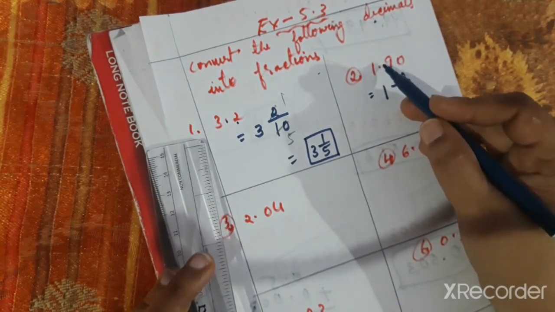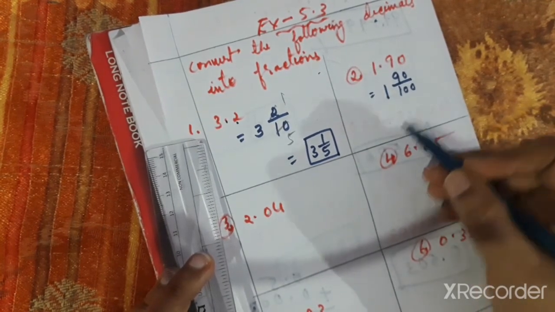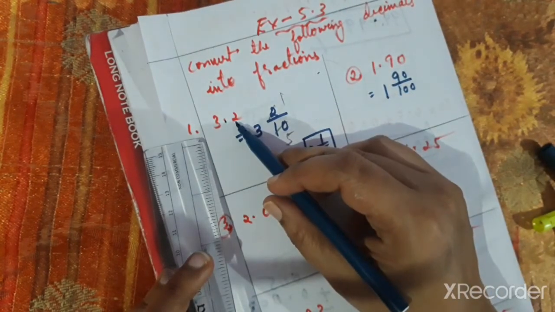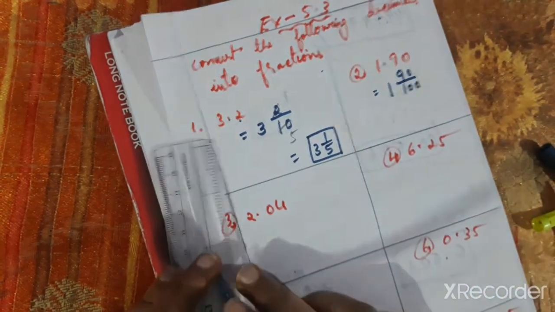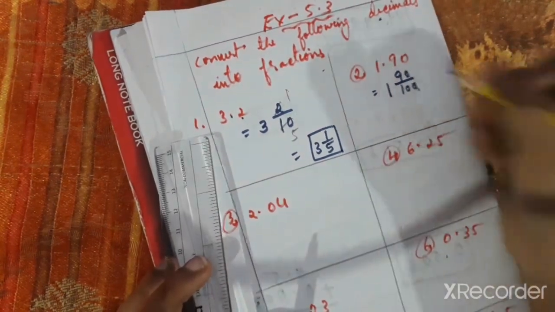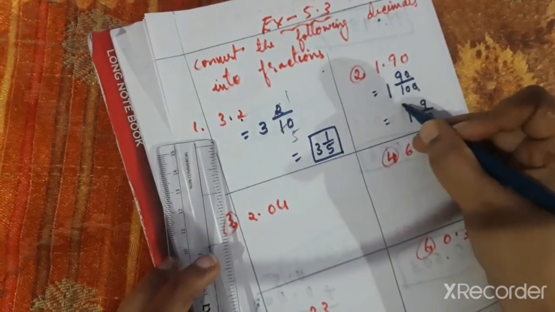After the decimal point, how many numbers? 2 numbers means 100, 3 numbers means 1000, 1 number means 10. Can we reduce the value? 0 and 0 cancel, so we simplify to 1 9 by 10.